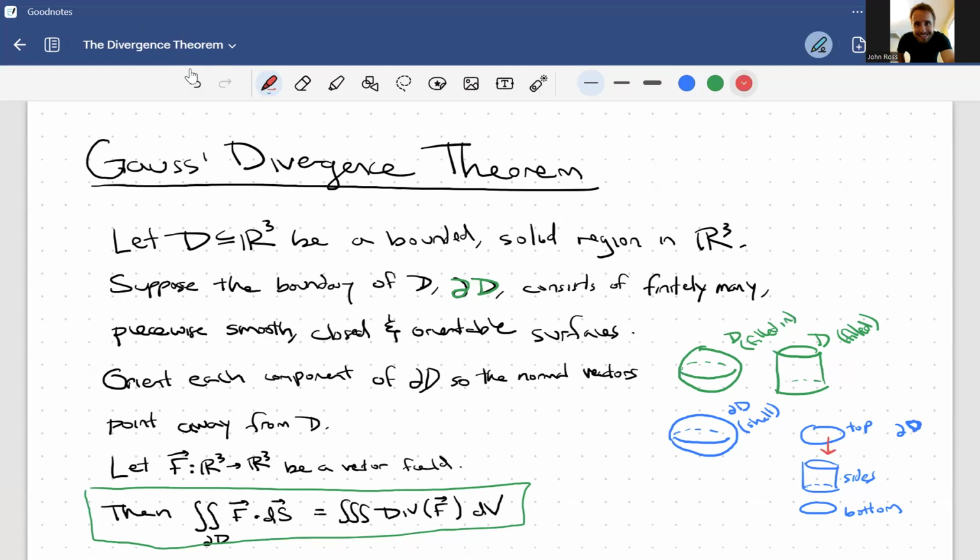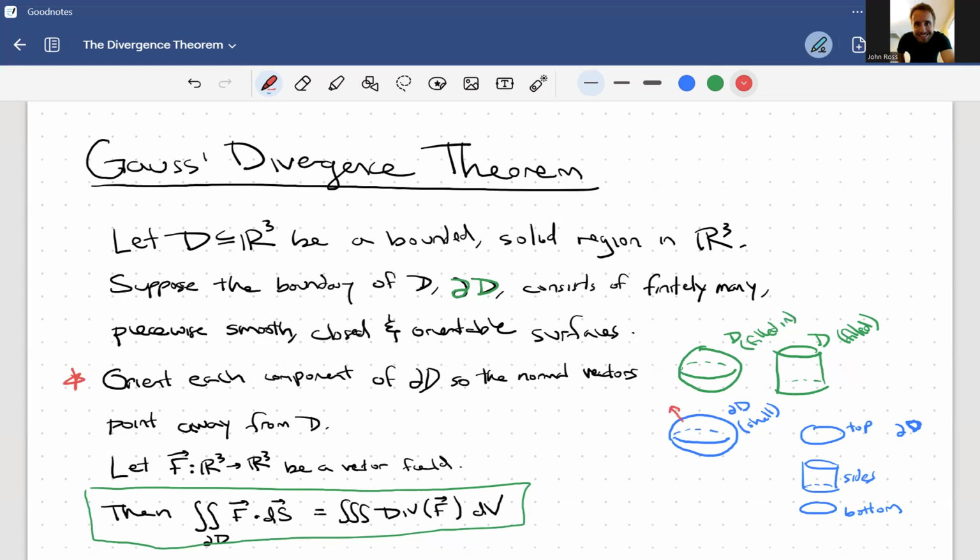So two choices of normal vectors. And what we're going to do is orient each component of the boundary so that the normal vectors point away from the interior of the region. So they're pointing out into empty space.